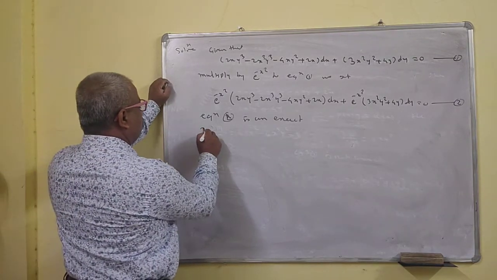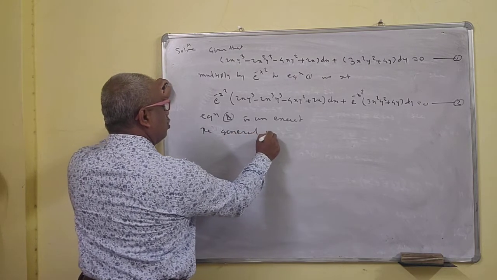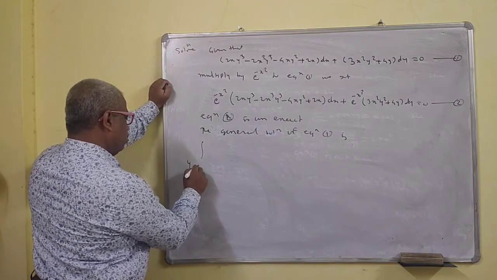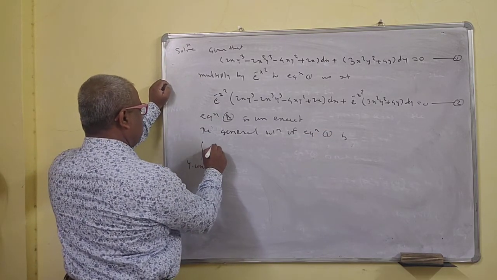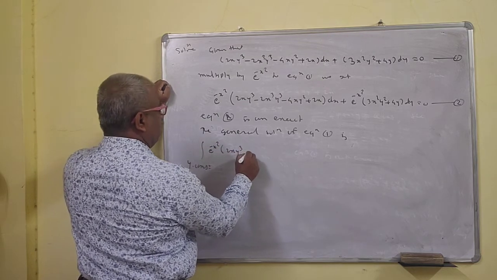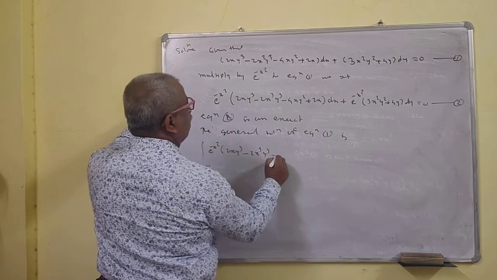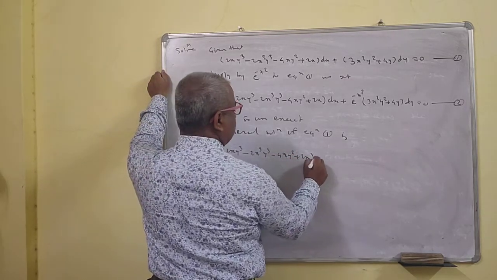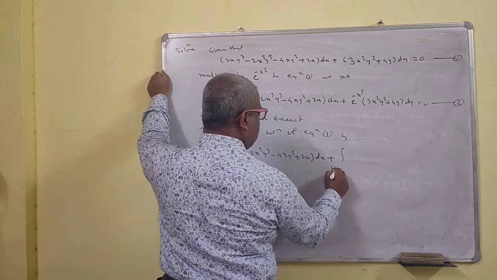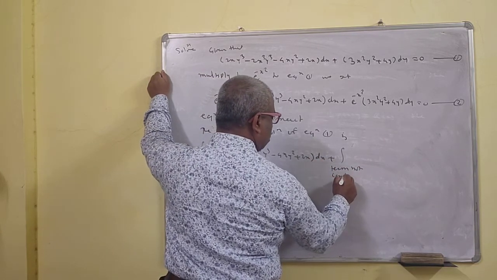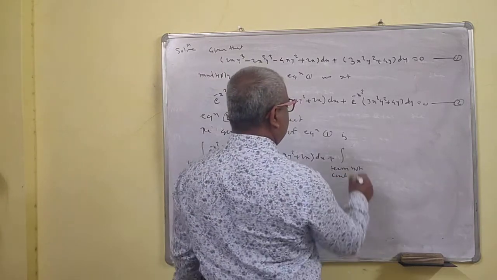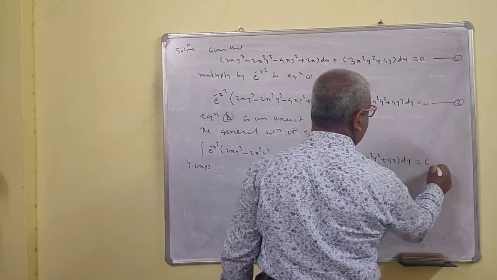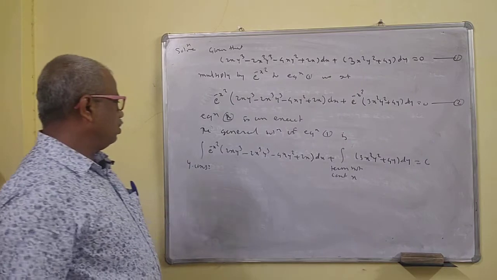The general solution of equation 1 is: integral, y constant, of e raised to minus x square times (twice x cube y minus twice x cube y cube minus 4xy square plus twice x) dx, plus the terms not containing x, 3x square y square plus 4y dy, is equal to c. This is the general solution.